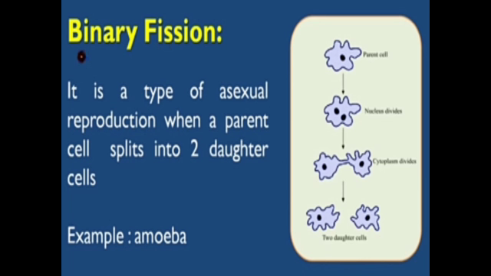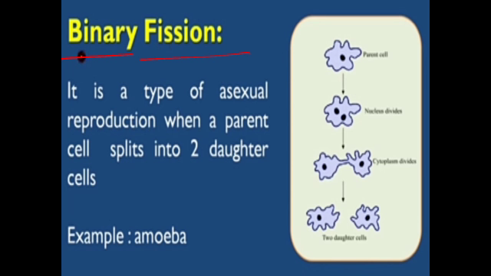See students, as the name suggests, binary means two, and fission means breakdown, or we can say splitting. So, when a parent cell breaks down or splits into two daughter cells, it is termed binary fission.